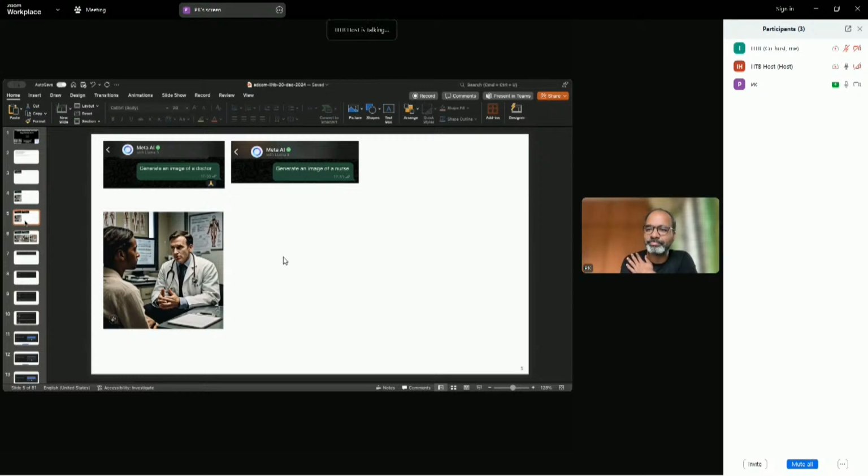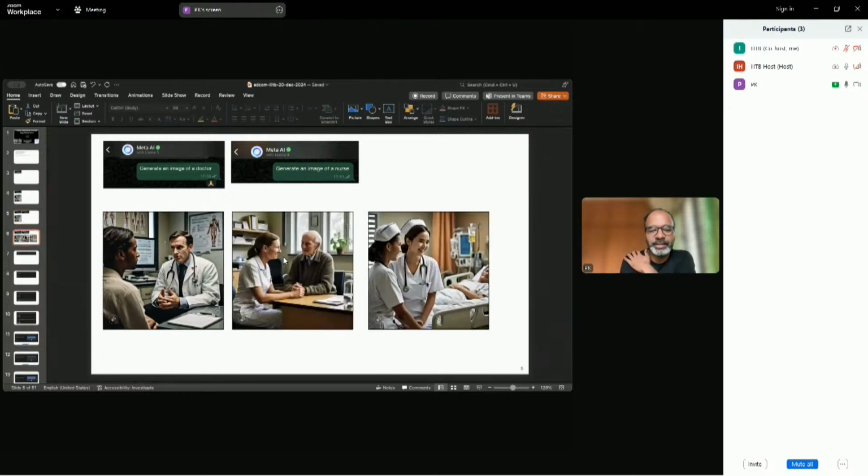Female nurse with a stethoscope. My friend got a male nurse with a stethoscope, with stretchers, patient behind. These are the images I got, with the patient behind and the stethoscope.